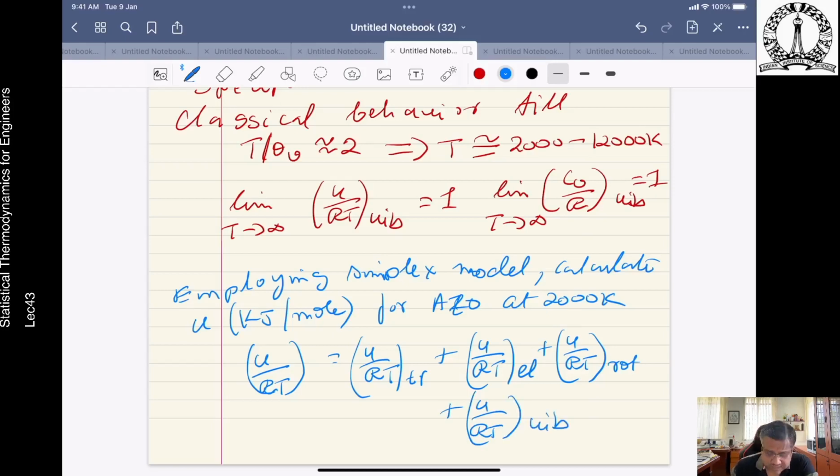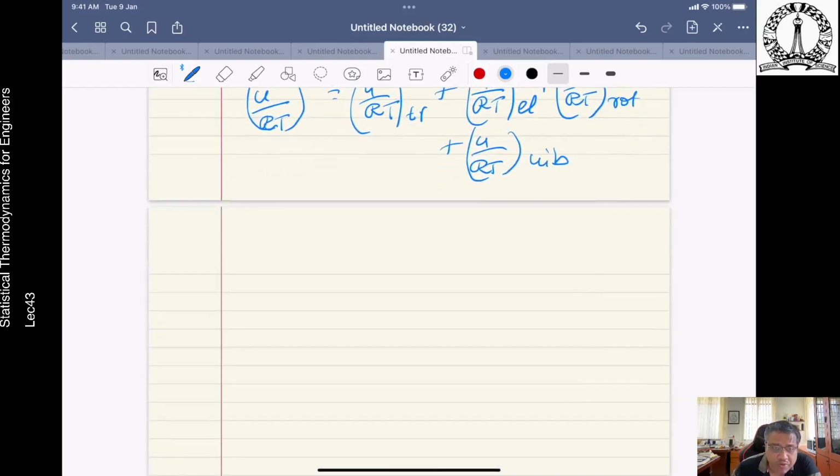The translational component, as we all know, is U by RT translational equal to 3 by 2. The electronic contribution obviously requires that you evaluate it from the data. There is an appendix, K.2, where you can get the first two energy levels.